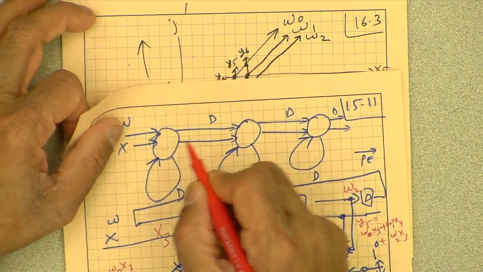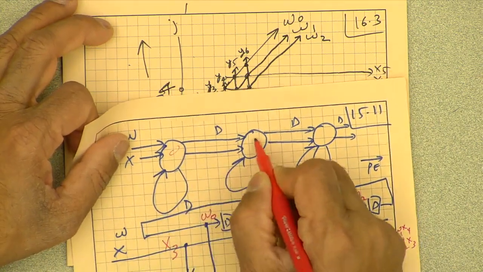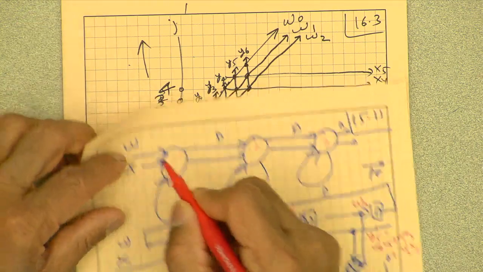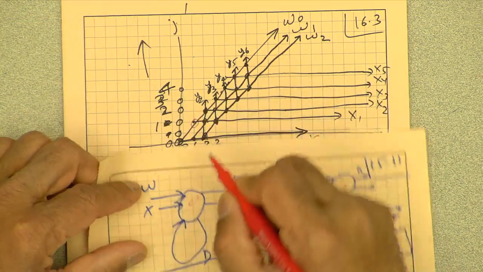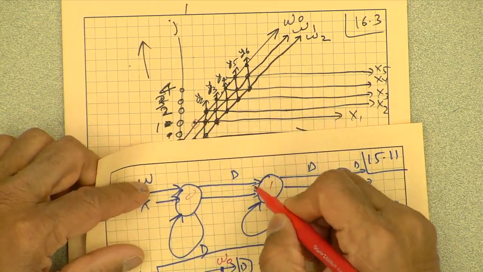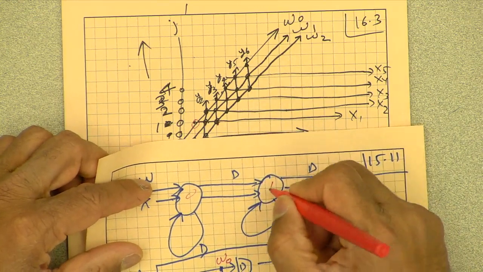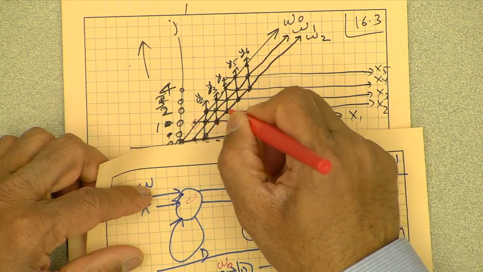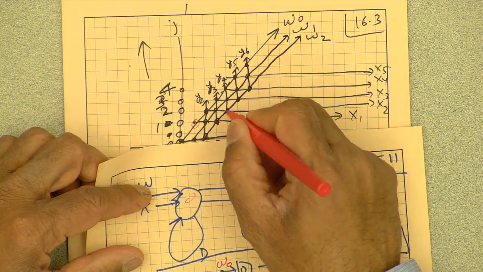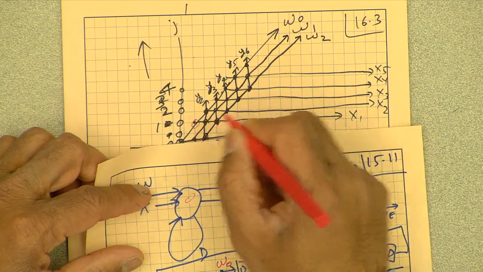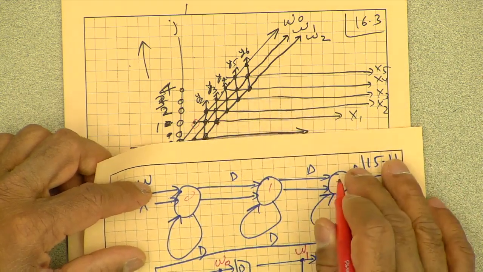So if this was processing element 0, 1, 2, at time 0 here, it goes to time 1 to processing element 1, and then to processing element 2 at time 2. So that W part is correct.